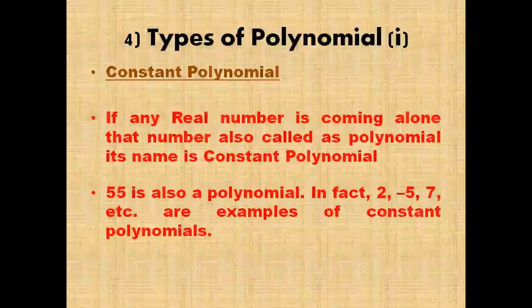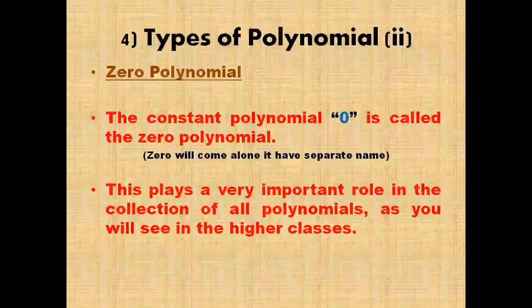So listen carefully: any real number that comes alone can be considered a polynomial, named a constant polynomial.